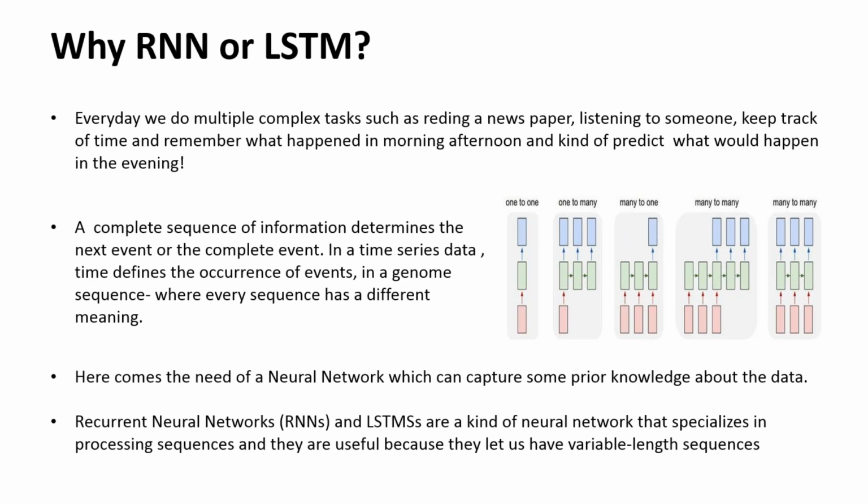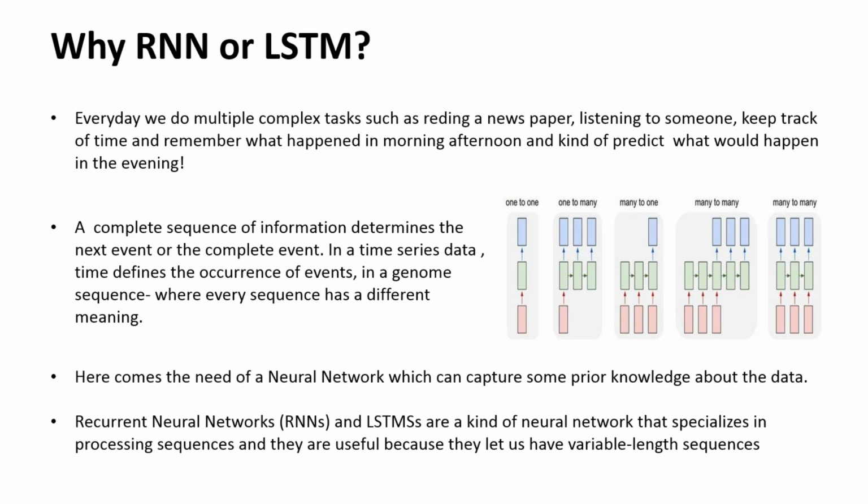Another thing is that recurrent neural networks and LSTMs are a kind of neural network that specializes in processing sequences, and they are useful because they let us have variable length sequences. So it can have one-to-one, one-to-many, many-to-one, and many-to-many relationships, and we can build these kinds of networks. So with one input, we can have multiple outputs.